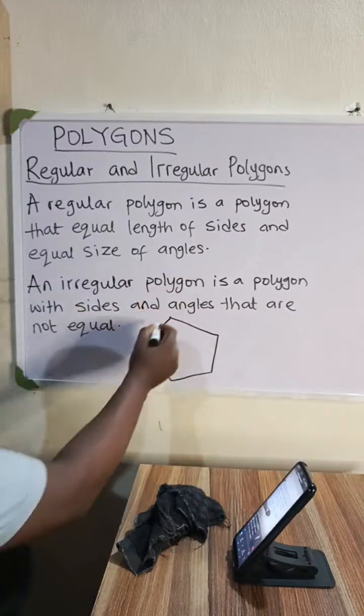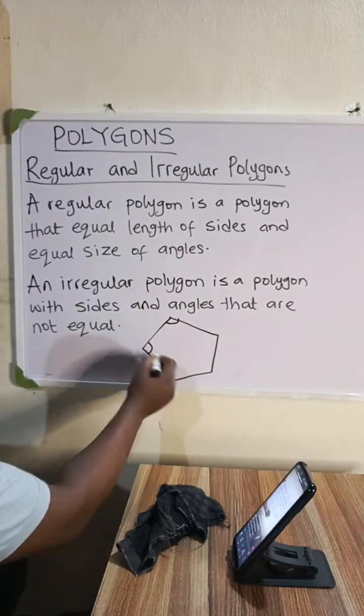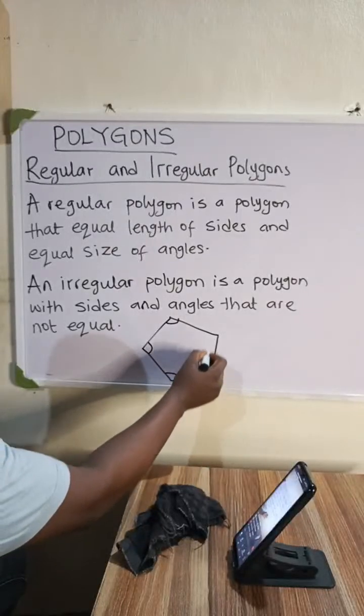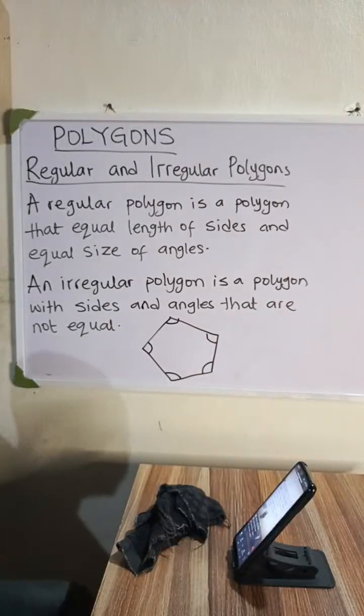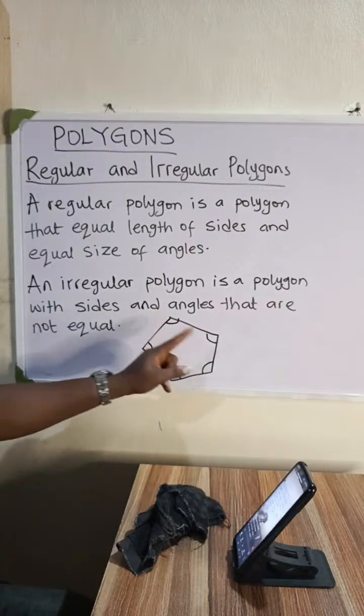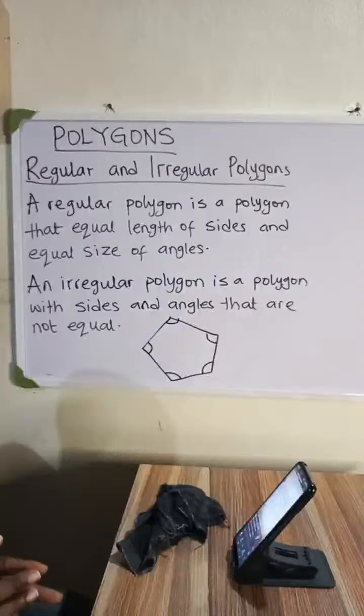How do I know what these angles are? That's what we're going to do now: how to calculate the size of each angle of a regular polygon.